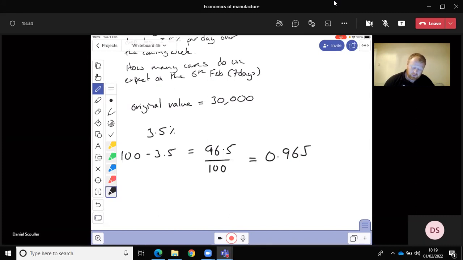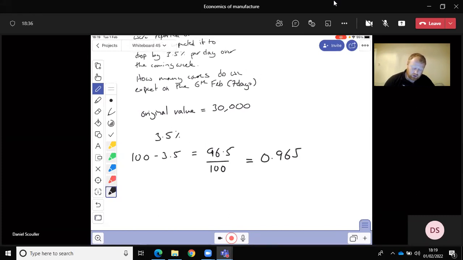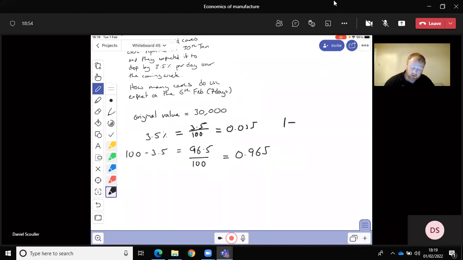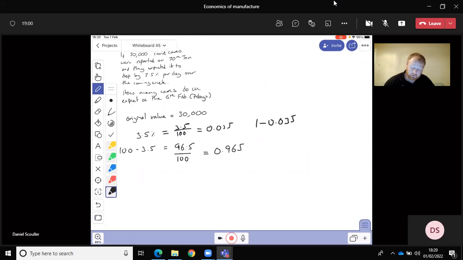Or conversely, take the 3.5, divide that by 100, get 0.035, and then our multiplier would be 1 minus 0.035, which should give us 0.965.